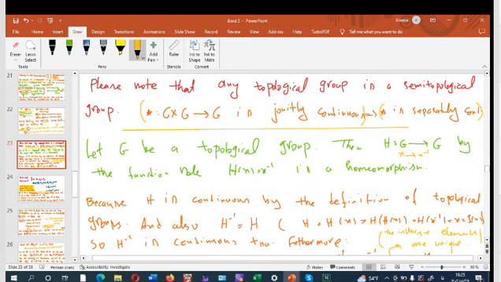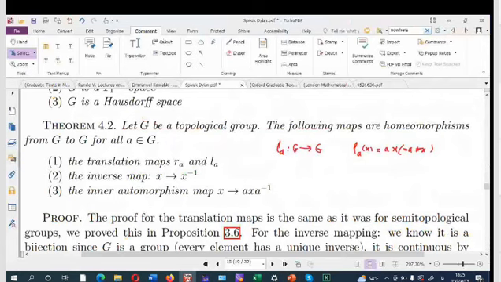Equivalently, if the binary operation is jointly continuous, it is separately continuous. So in this proposition, since G is a topological group, G is a semi-topological group, and we proved this statement for semi-topological groups.